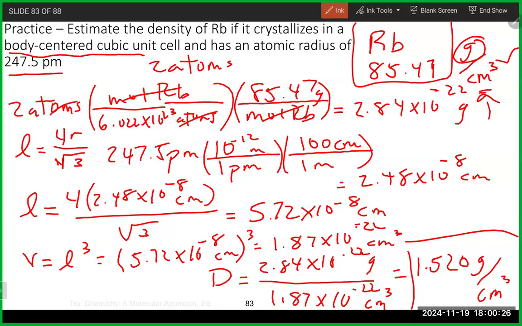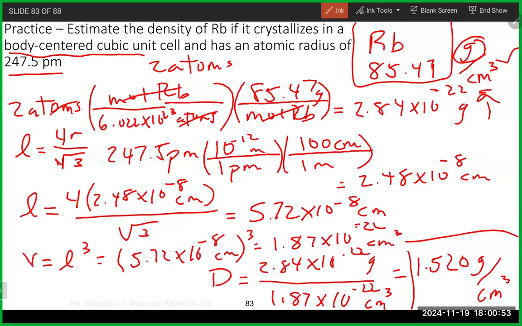It could be. A variation on these types of questions is they may give you the density and you have to work backwards to figure out the radius or the length of the cell. So there are questions where you could work backwards, but then you would be given some other information, like perhaps the density. But in most cases you'd be given the radius.